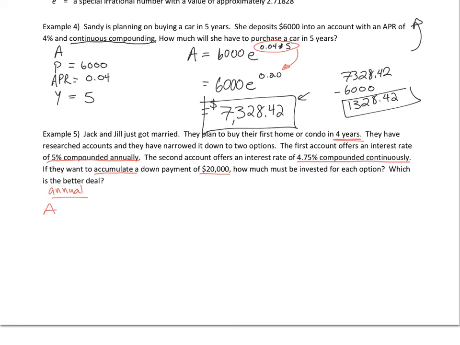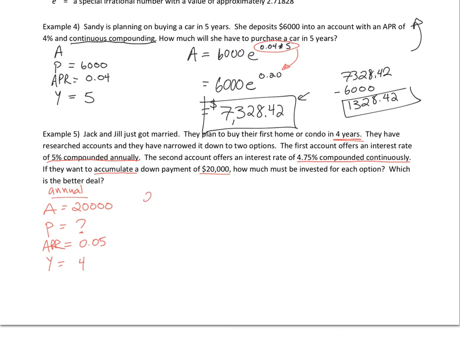I have A, I have P, I have APR, and Y. So this time we know the accumulated amount. We don't know what the beginning amount is, right? It's even asked that. How much must be invested? We don't know that. The APR for the annual rate is 0.05, and there are 4 years to earn money.